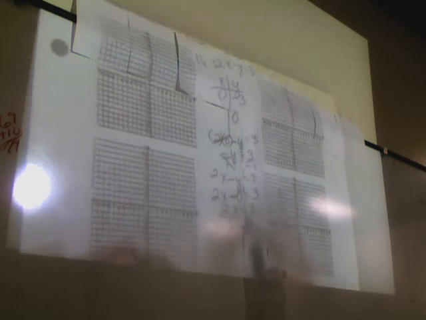So replace the y with 0. You have 2x equals 3. So the x-intercept, after you divide by 2, is 3/2. That's going to be at 1.5 on the x. Okay, 3/2 or 1.5.